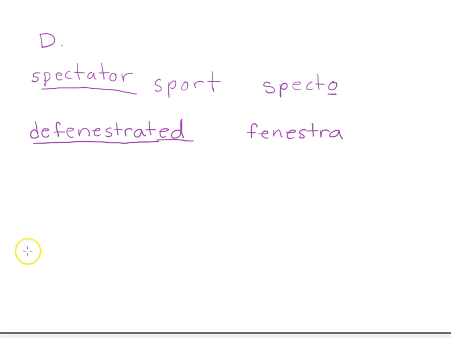There we go. So practice your vocabulary and your saying and your chants. And you have a practice quiz that you could take on Friday.